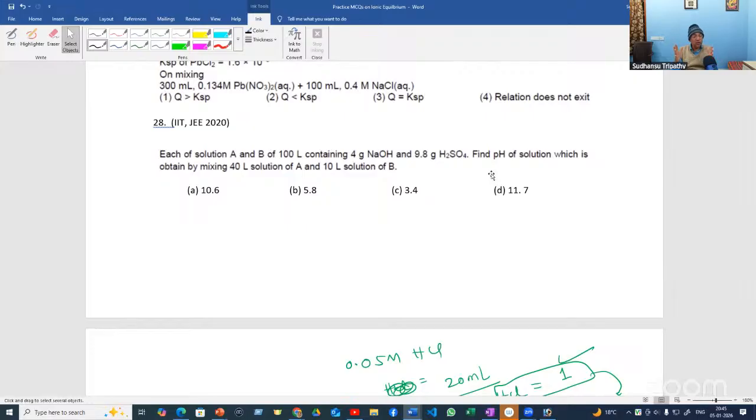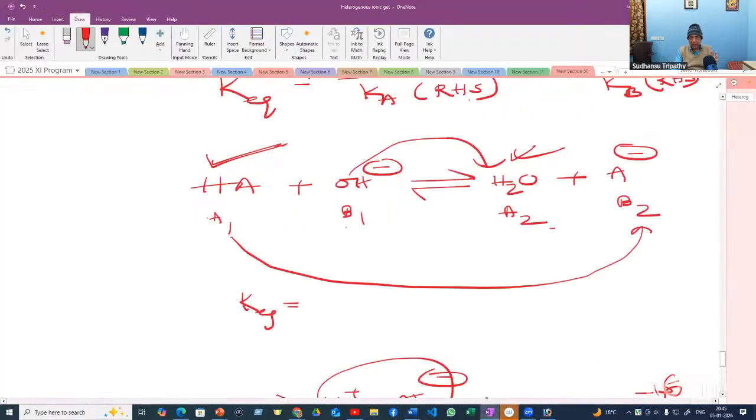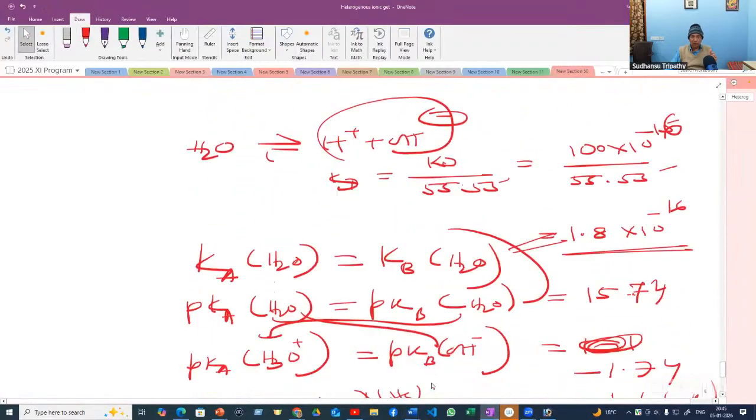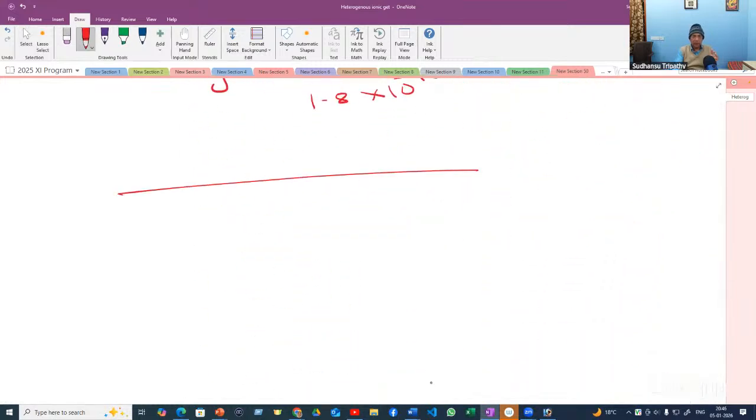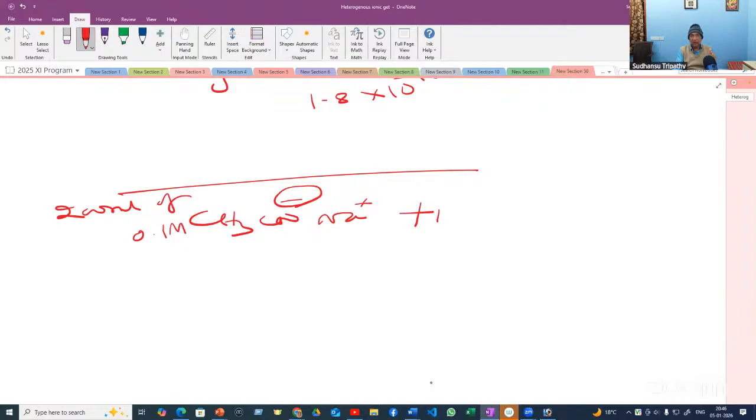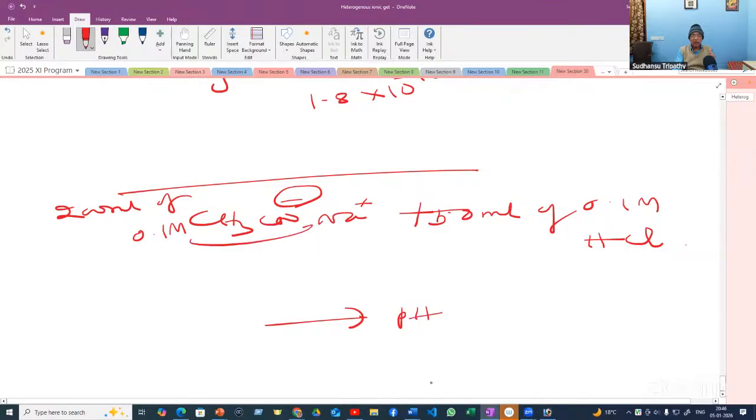And even if there is a salt and a strong acid, I told you that sometimes you are given a salt like sodium acetate, say 200 ml of 0.1 M sodium acetate mixed with 50 ml of 0.1 M HCl, then find the pH. Of course it will give you the pKa of acetic acid, fixed at 4.74.